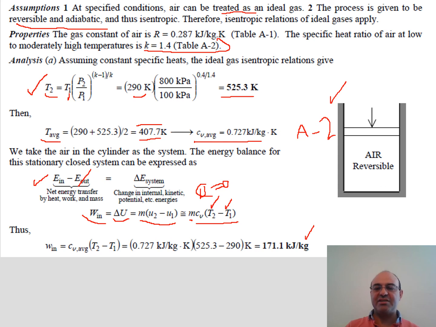So this was the approximate analysis. So how about the exact analysis? Based on approximate analysis, the temperature is 525 and the work is 173.1. So let's see what will happen if we do an exact analysis.